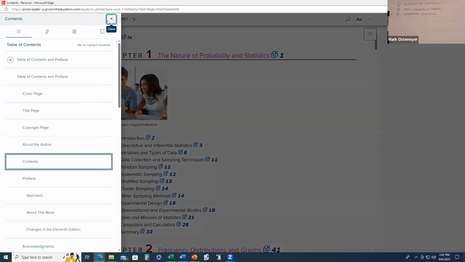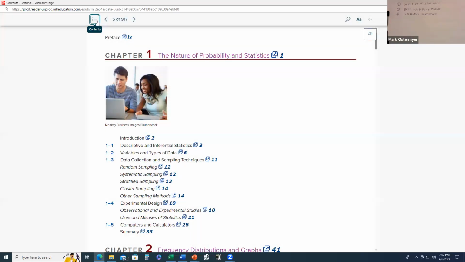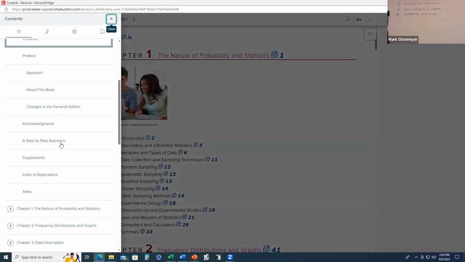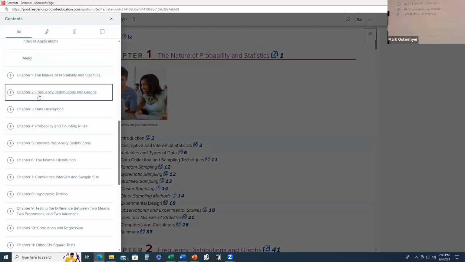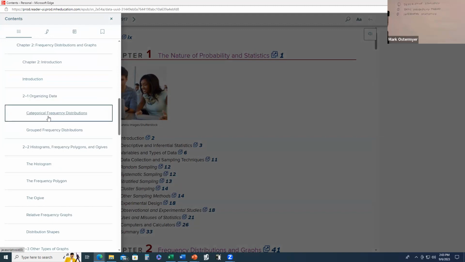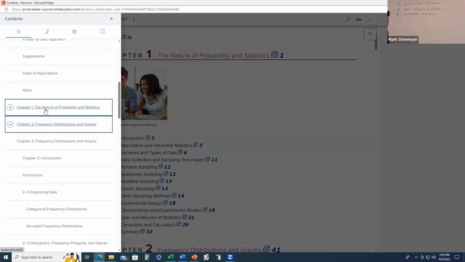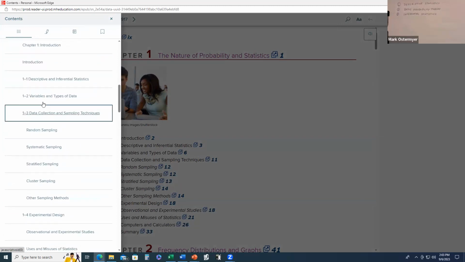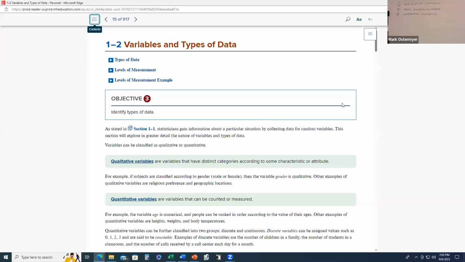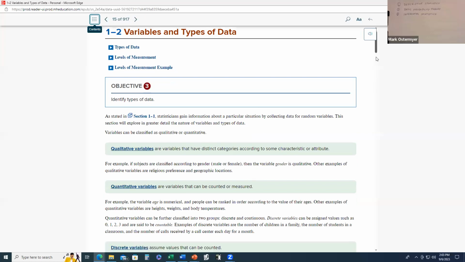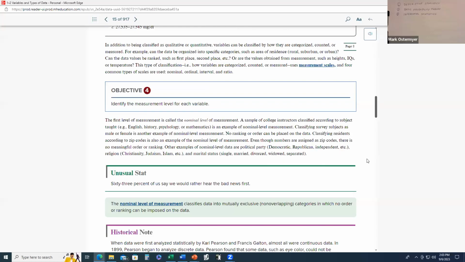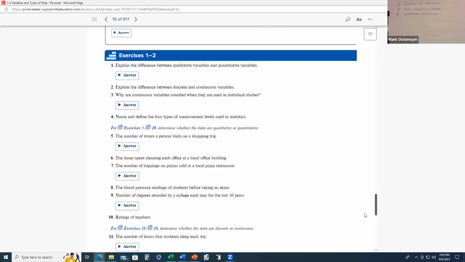This is how you click on the table of contents up here, these little horizontal bars, and then you can navigate very quickly to the section of interest here. I want to go to section 1.2. And I want to go down to a couple of problems here in your actual homework section here.